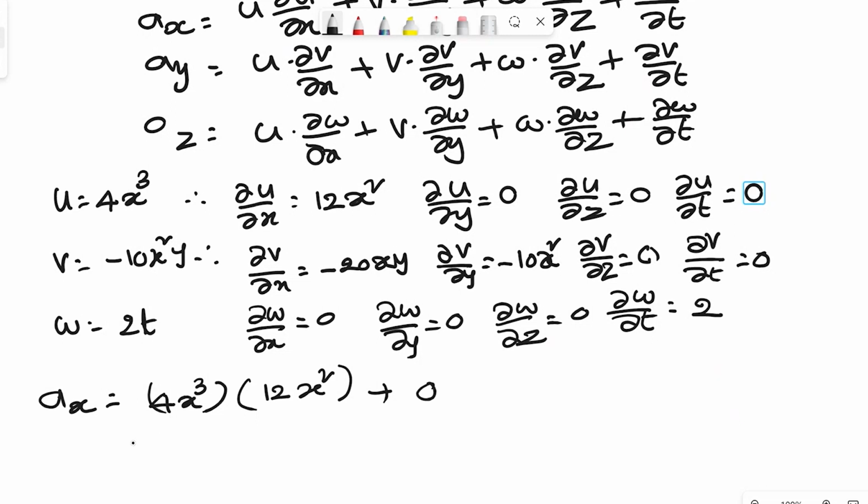So ax is equal to 4 into 2 cube into 12 into 2 square. If you calculate this, you are going to get ax is equal to 1536.